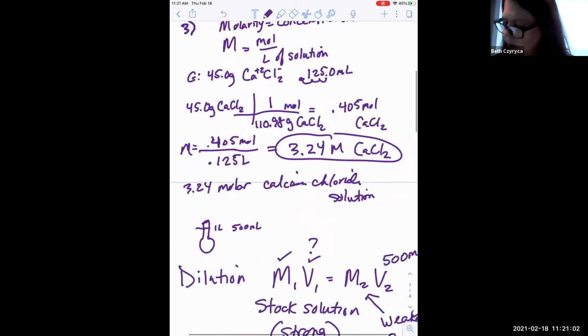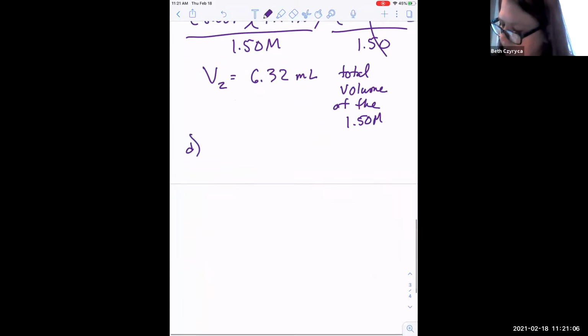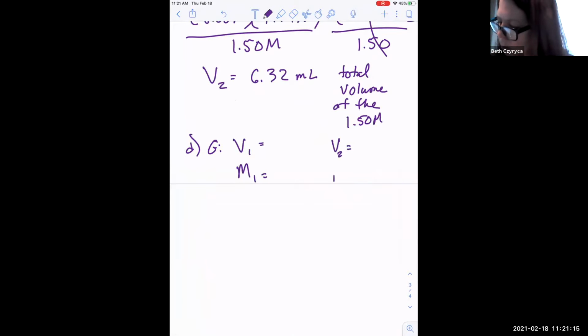Why don't you guys read me the givens? So this is D. We are given a volume 1 and a molarity 1, and a volume 2 and a molarity 2. Jonah, give me one of those sets. Volume 1, molarity 1. One of them could be defined, doesn't matter.